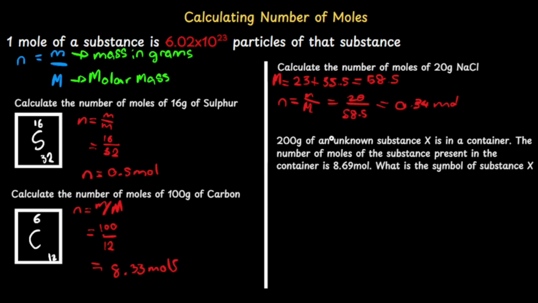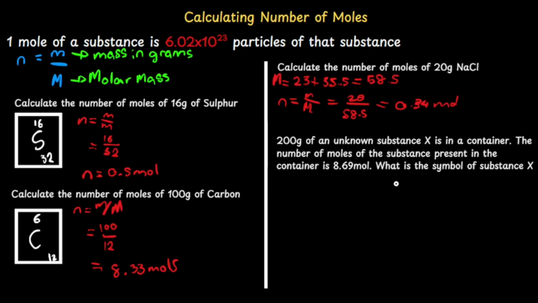Let's look at question 3. This is a new type of scenario that we haven't worked with yet. This question tells us that there is 200 grams of an unknown substance X in a container. The number of moles of the substance present in the container is 8.69 moles. What is the symbol of substance X?